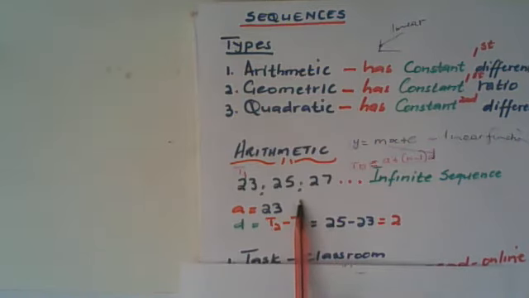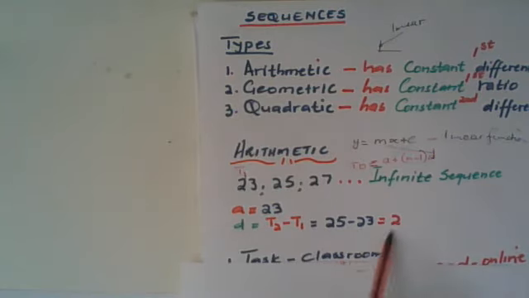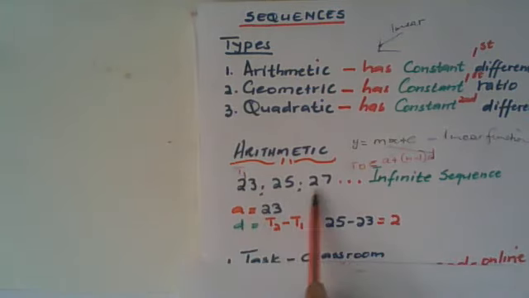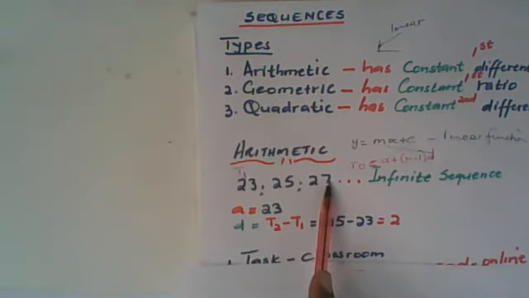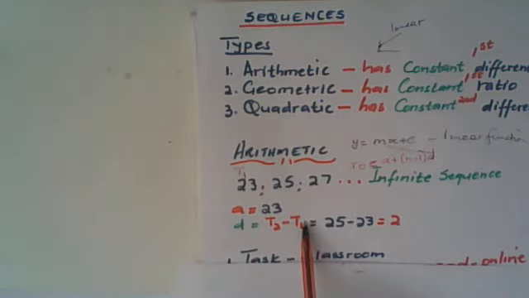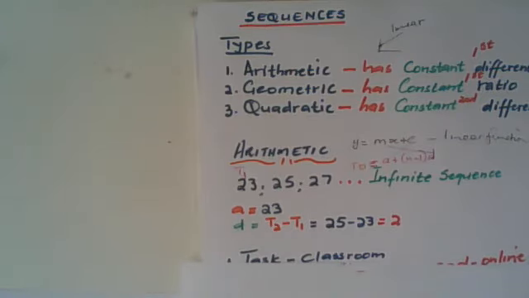You work it out not on your answer sheet: add the constant difference, 27 plus 2 is 29, 29 plus 2 is 31, plus 2 is 33. You just write 29, 31, 33. That's it, and it's normally 1 mark.